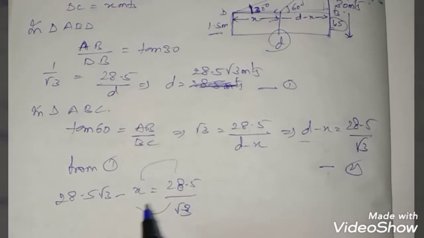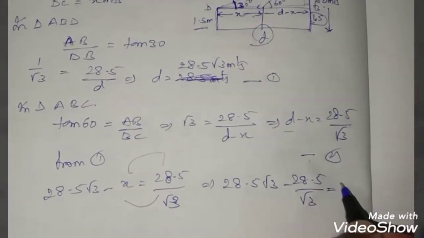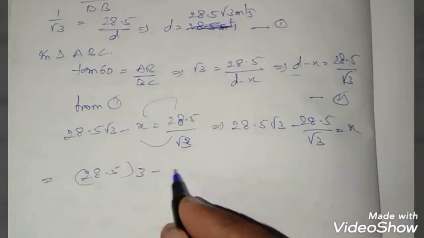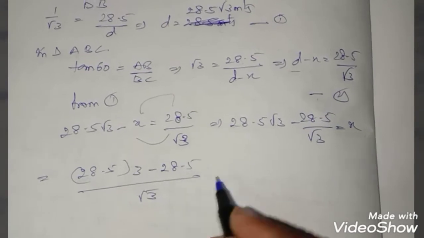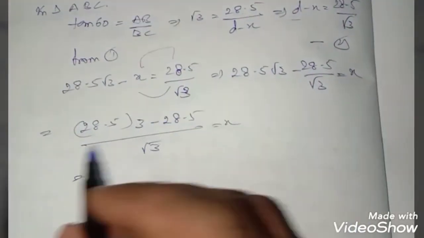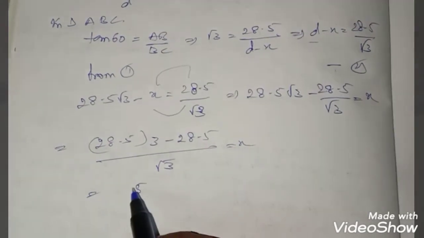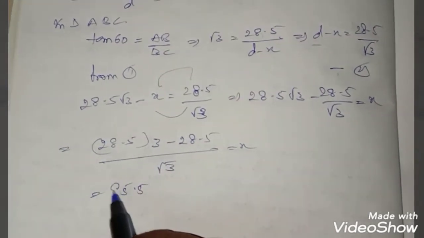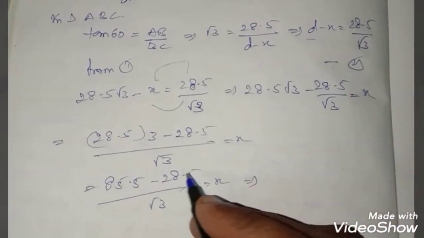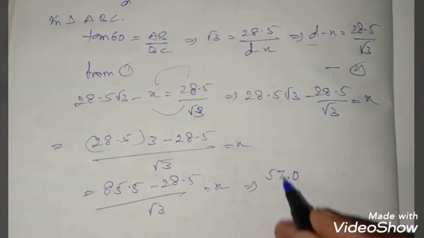Now send this X here and send this value here, so you'll get 28.5 root 3 minus 28.5 by root 3 is equal to X. Now if I take LCM, you will get 28.5 into 3 minus 28.5 by root 3 is equal to X. Now if I multiply 28.5 by 3, you will get 85.5 minus 28.5 by root 3 is equal to X. Now if I subtract, 85.5 minus 28.5 is 57, so 57 by root 3.